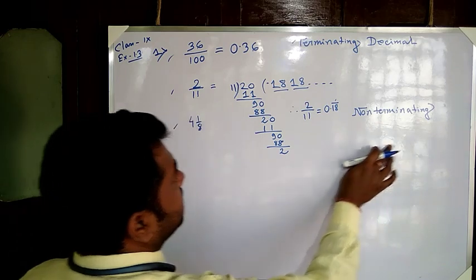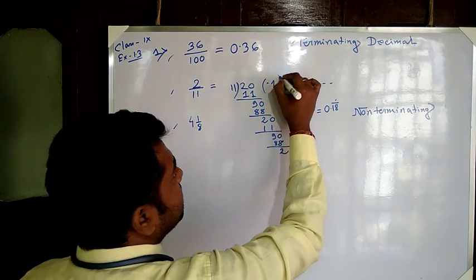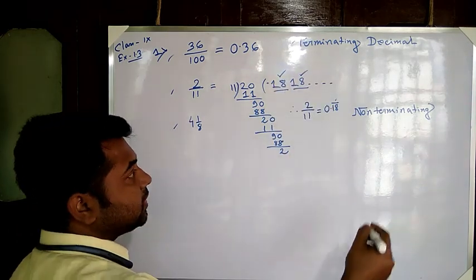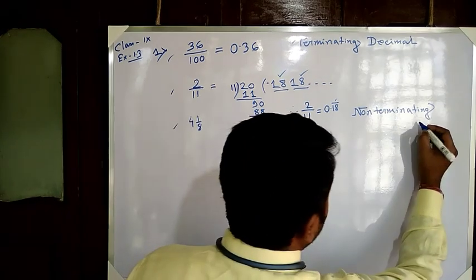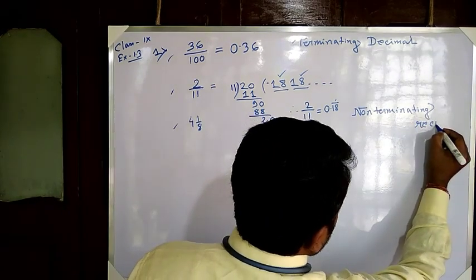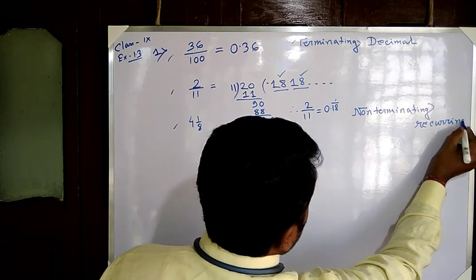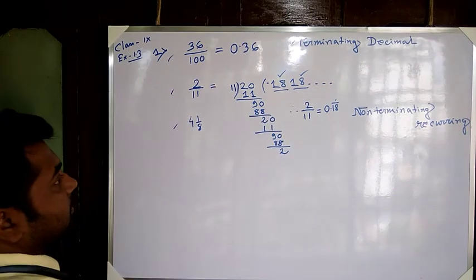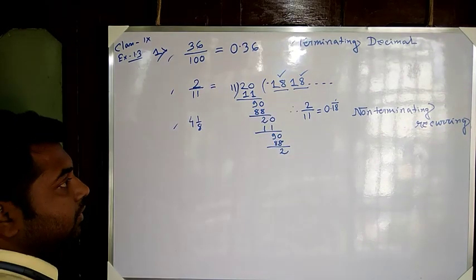Also, 18 is repeating here, repeatedly 18 is going, that's why it is a non-terminating recurring decimal.